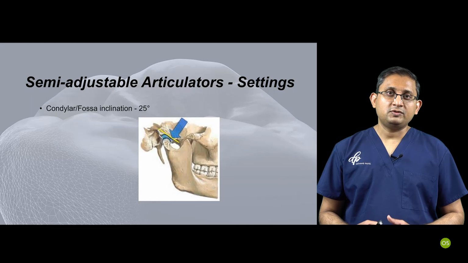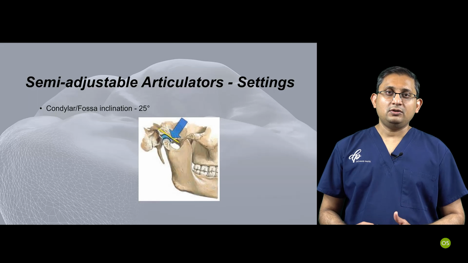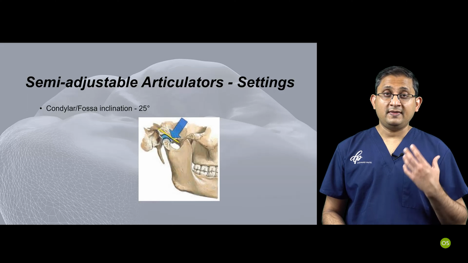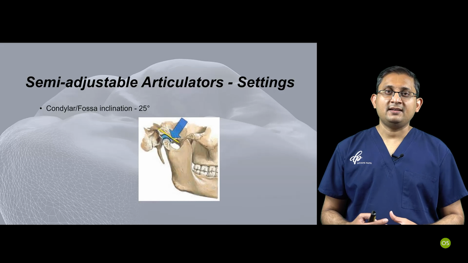Almost zero, or a very small number of patients, would have a condylar inclination less than 25 degrees. And if you set it higher, you are creating a barrier where you're making the inclination steeper than their condylar inclination, and making restorations where there is then a potential for interference.